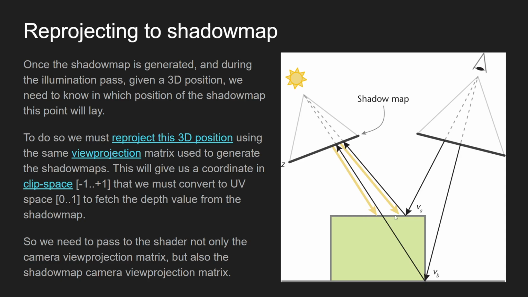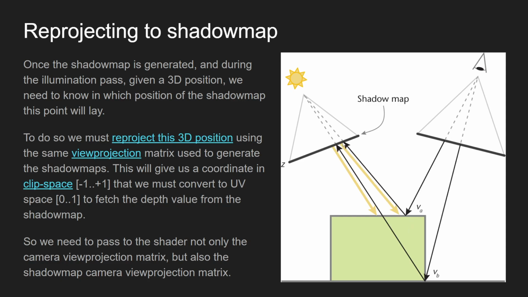But for every pixel that we want to know if it is in shadow, we multiply the 3D coordinate by the view projection that we used to generate that shadow map. And that will give us first the pixel position inside the shadow map, like at this point here, where does it fit in this cone? It would project it and say it will be this pixel here in the image.